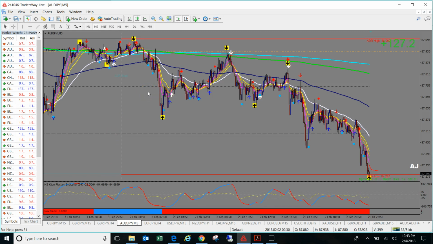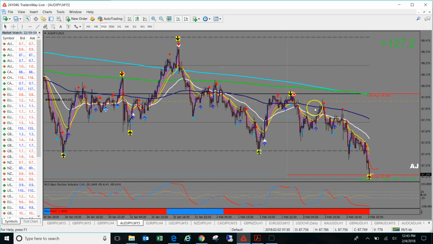So for those of you who don't know where to take your profit, or where to set your TP, you can definitely use these. It works. They are quarter points, so they are significant, and they do tell a story. Like this is the 15-minute.